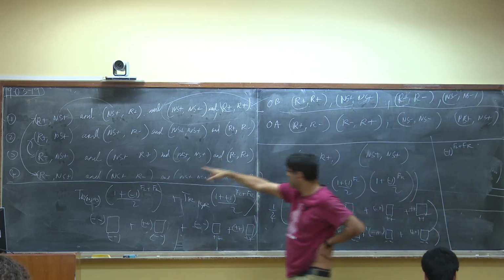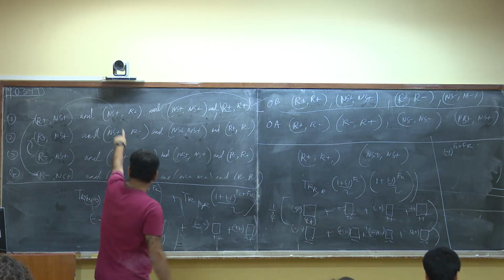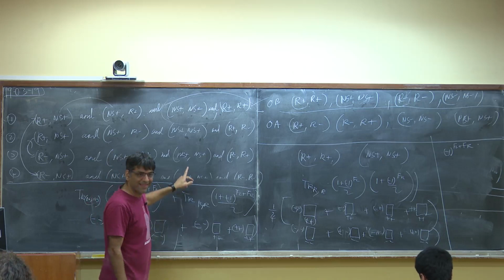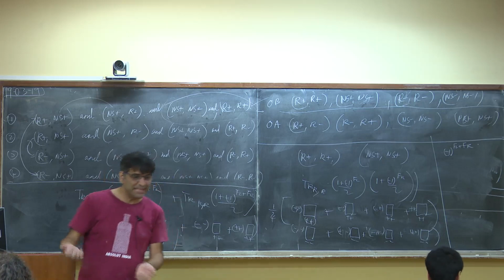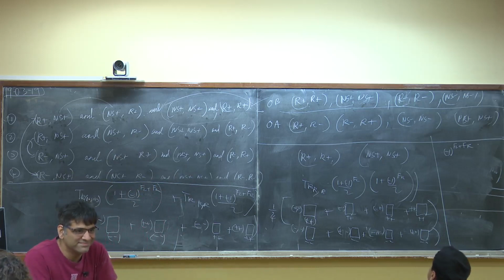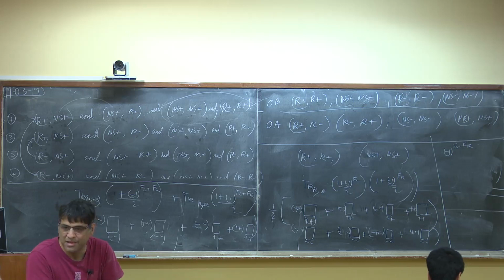Something I did not perhaps emphasize, but I should emphasize now, is that none of these type 2A and type 2B theories contain an NS minus sector. The NS sectors were always NS plus. The matter identity operator does not lie in this sector. Note that the identity operator of the full conformal field theory, matter plus ghost, always lies in NS plus.